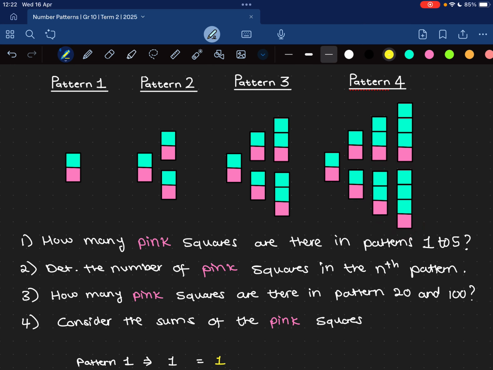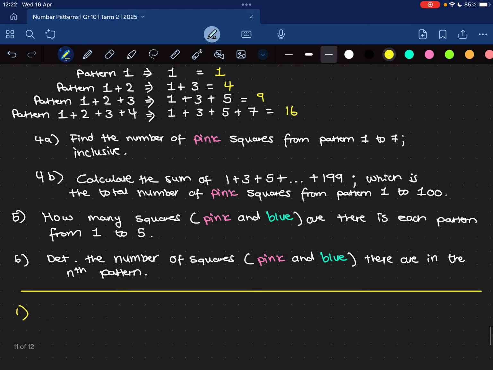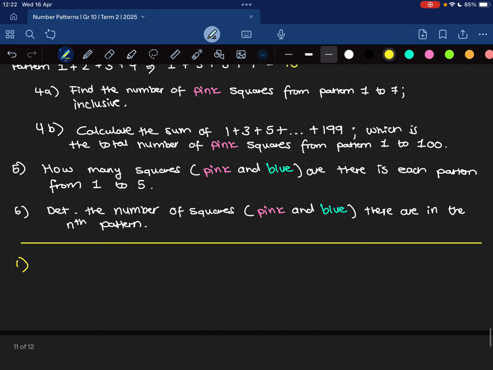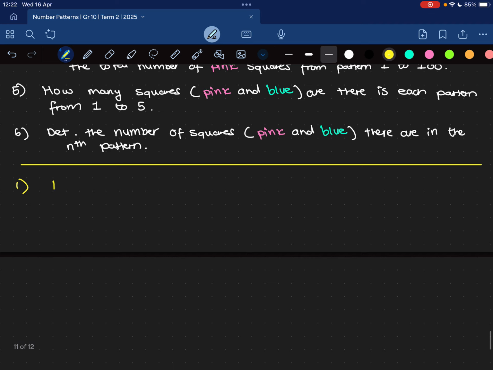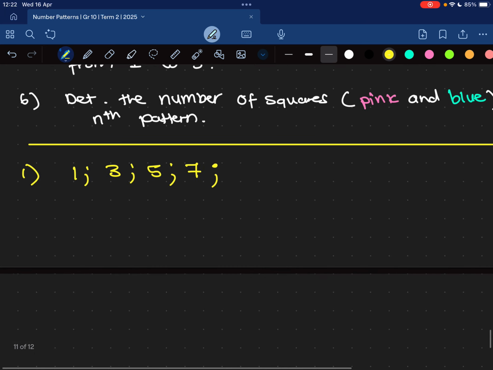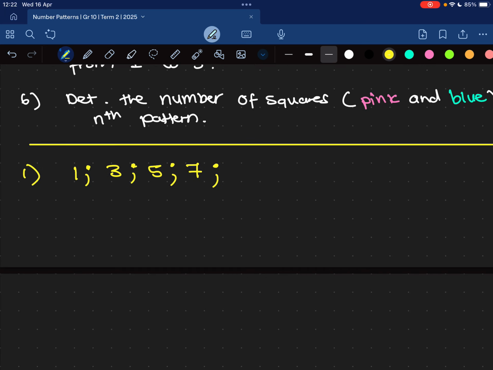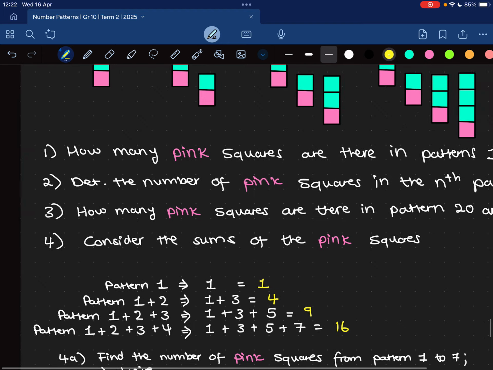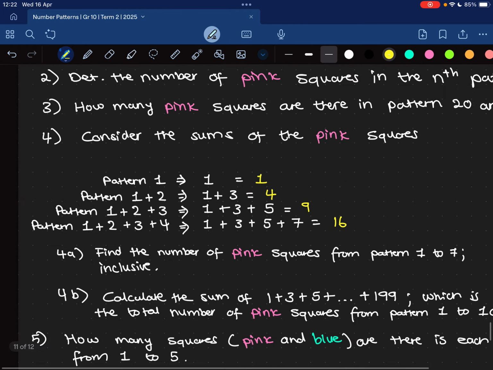So let's start with the ones that were given, and then we'll predict what the fifth one is going to be. The first four were 1, 3, 5, 7, and I'm sure when you look at this pattern, you can tell that the next one is going to have 9. Okay, so the second question says, determine the number of pink squares in the nth pattern.